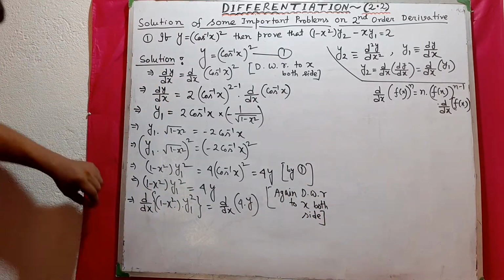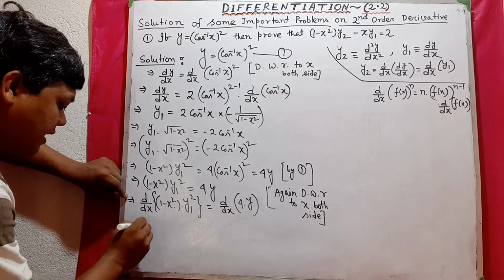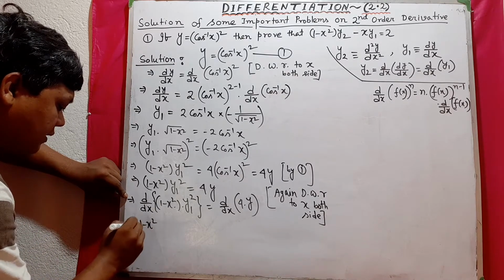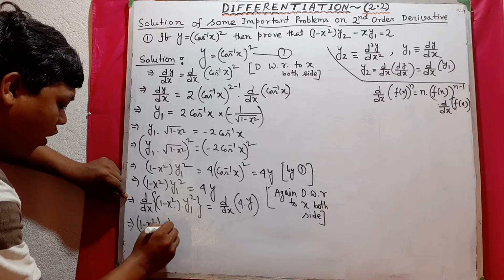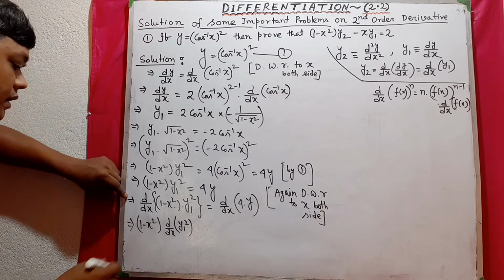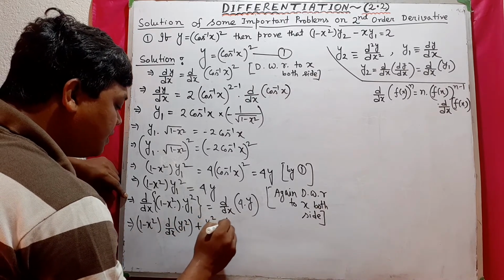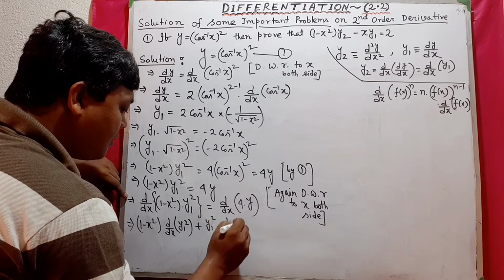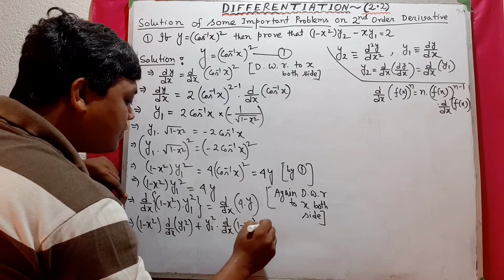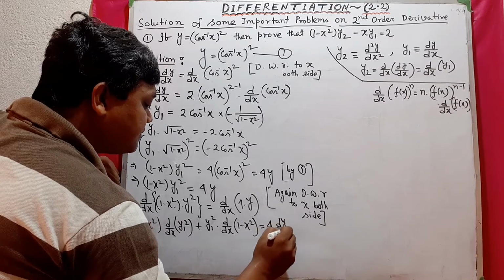Clear? So now we use the u into v rule. So (1 minus x square) into d/dx of y1 square, plus y1 square into d/dx of (1 minus x square), equals 4 into dy dx.